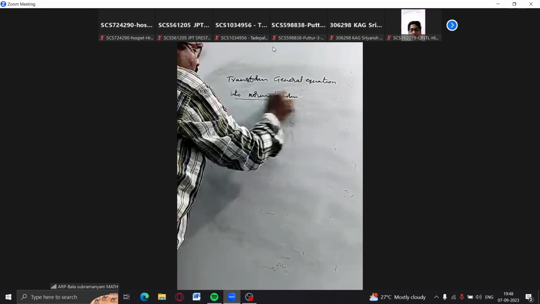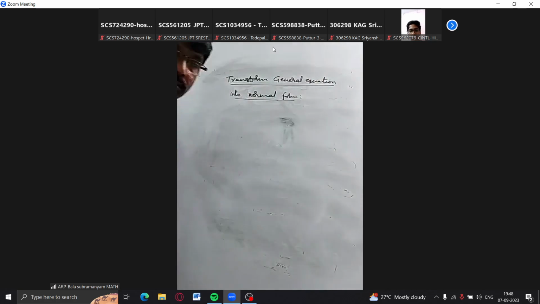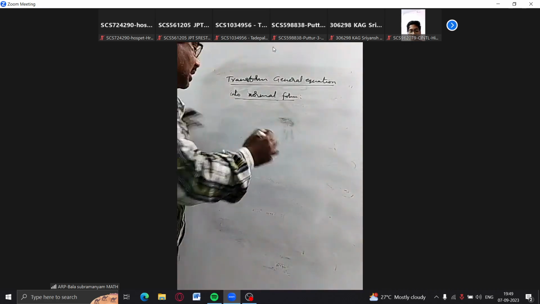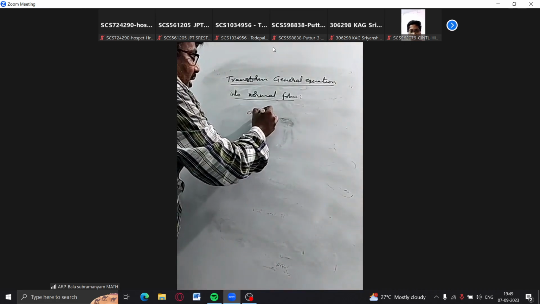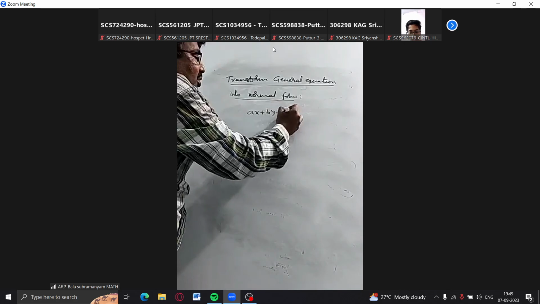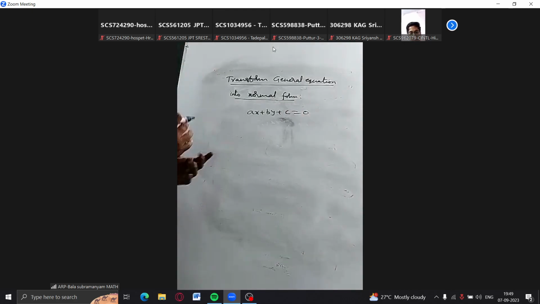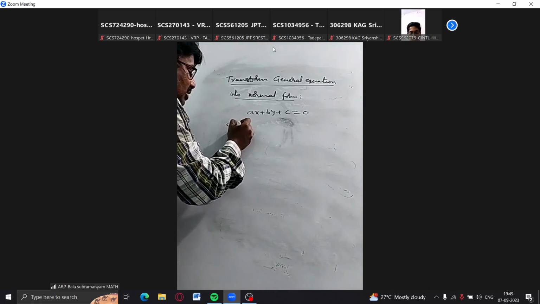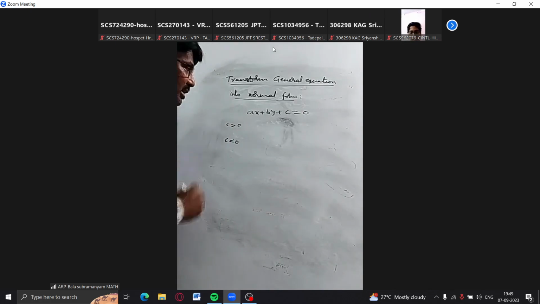General equation converted into normal form. We know that the general equation of a straight line is ax plus by plus c is equal to 0. Here two cases are there: c greater than 0, c less than 0.